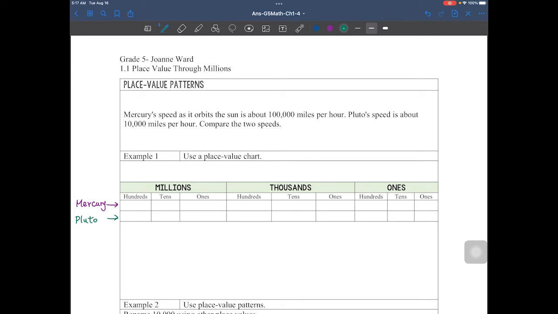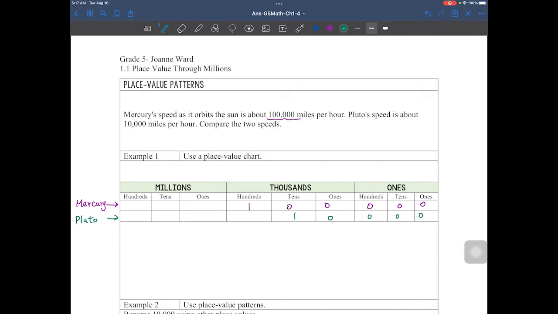Mercury is 100,000. For Pluto, it's about 10,000. This is how we use the place value chart to compare them.